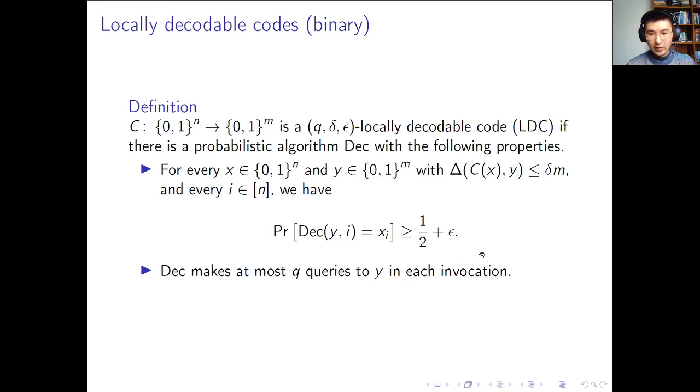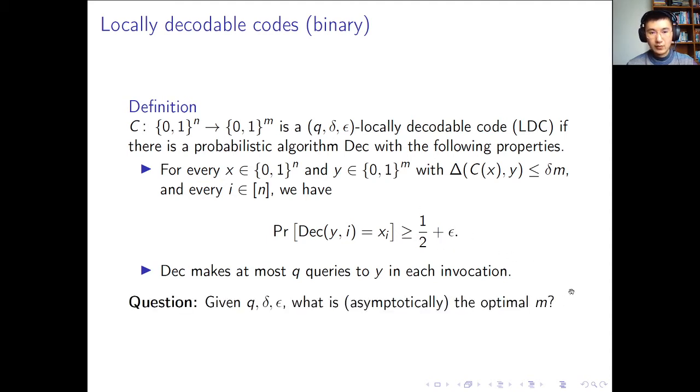And note that here we're being lenient to the decoder since we only want an epsilon advantage over random guessing. A central question in this field is the following. Given q, delta, epsilon, what is asymptotically the optimal m? Here we should think of m as a function of the message length n.